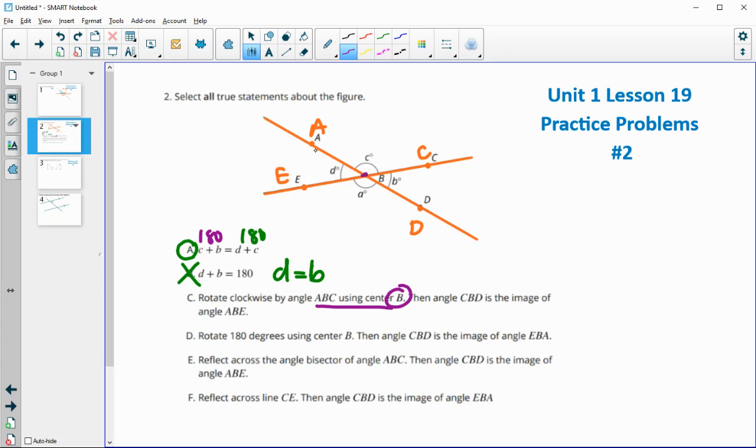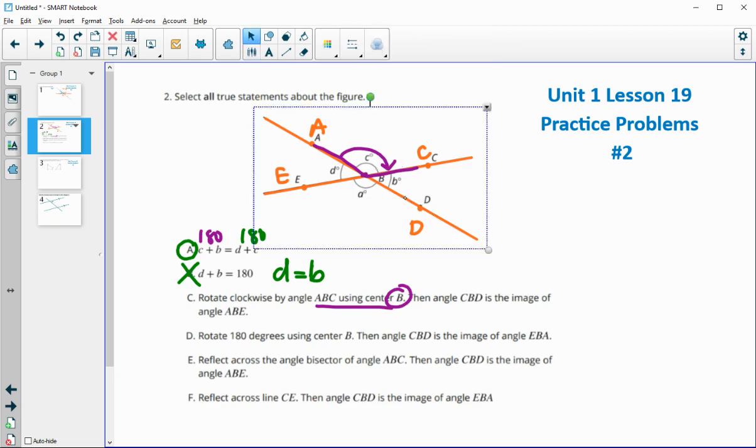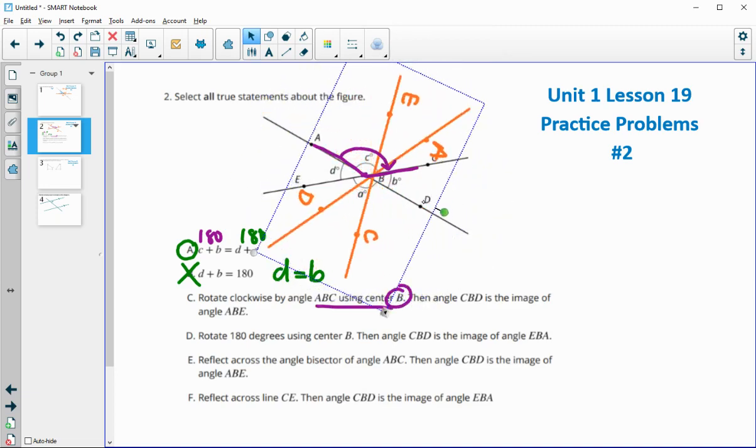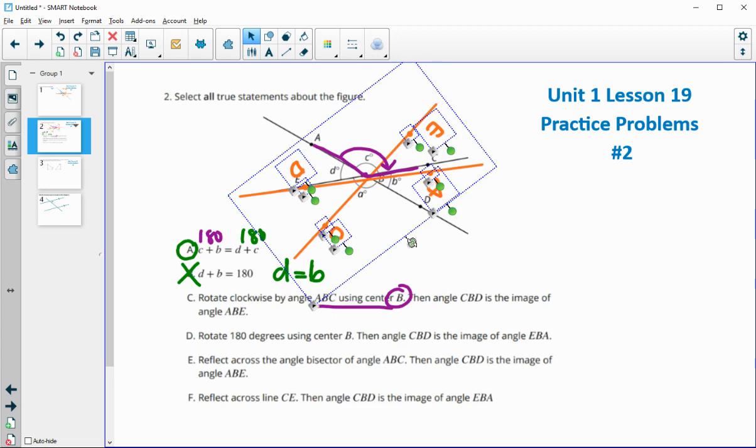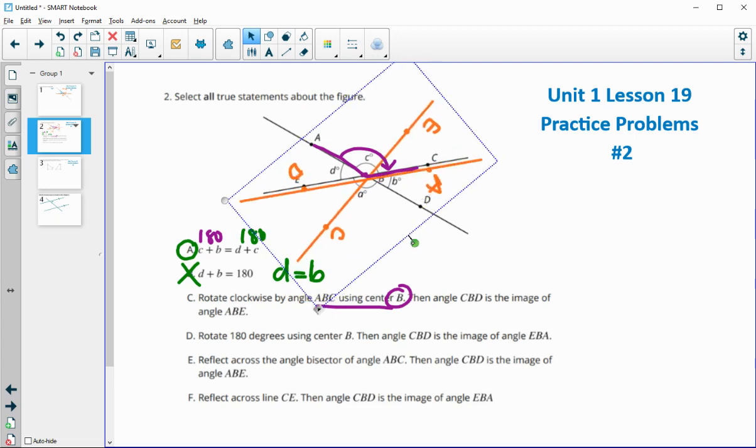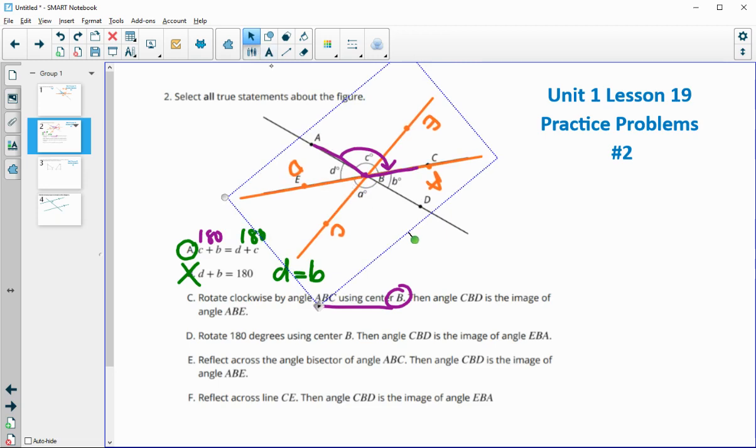So B is going to stay in place, and we're going to rotate by this angle, which means move this side over to here. So we're going to move this point A all the way over to this side where C is at, making sure to leave B in the middle. So there's the rotation by that angle.